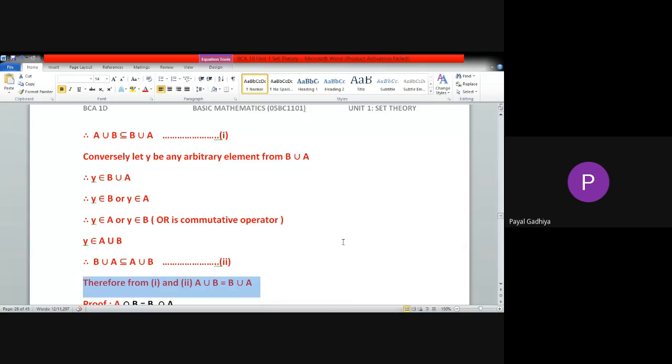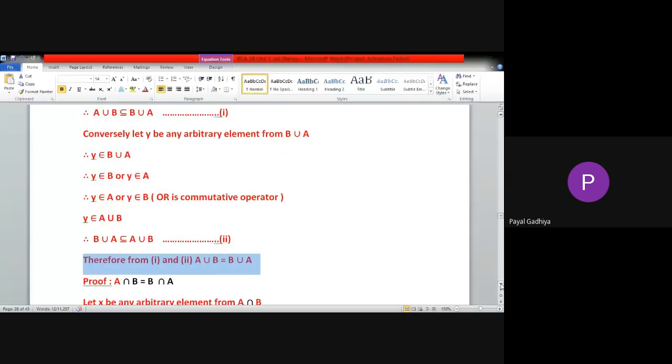If you got the idea, then you can prove the same thing for intersection, like A intersection B equals B intersection A. You also need to tell me what the change in the proof will be. Try it the same way I have done for union.